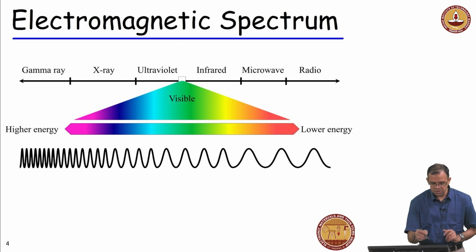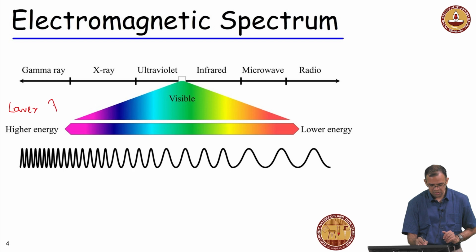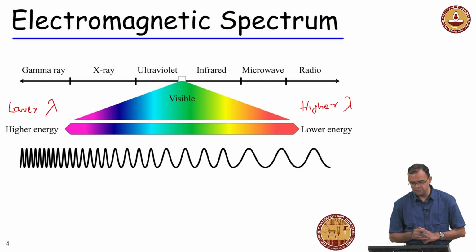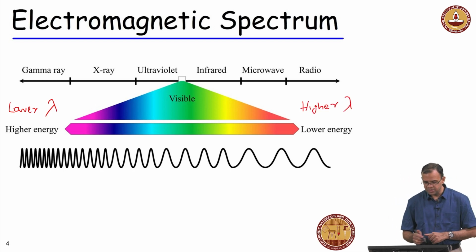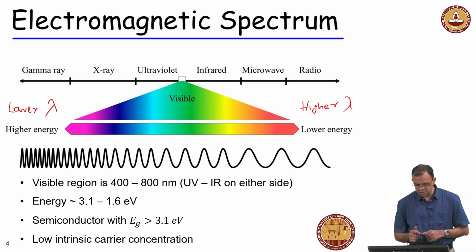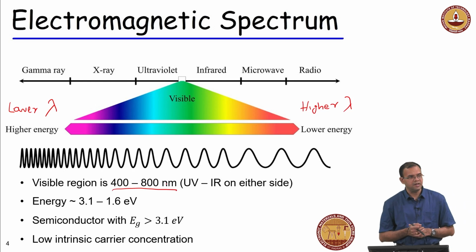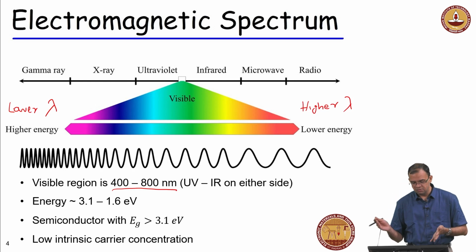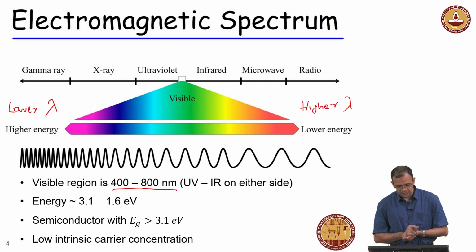This end is the higher energy or lower wavelength, and this is the lower energy or higher wavelength regime. What we are interested in is the visible region. The visible region typically extends between 400 to 800 nanometers. Below 400 we call it UV, above 800 it's IR.